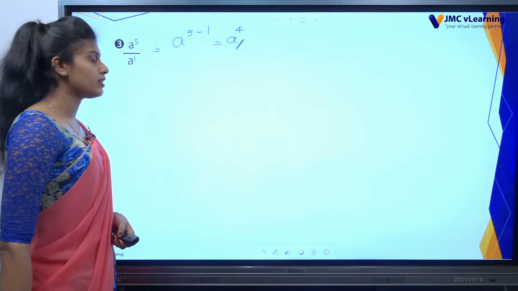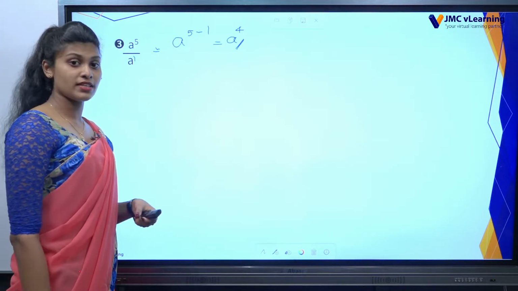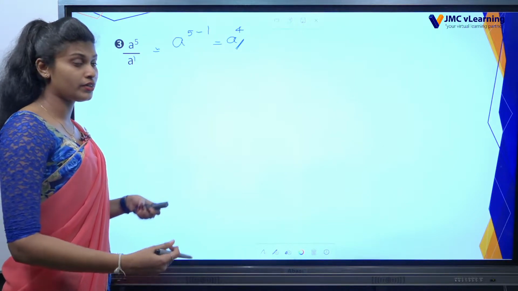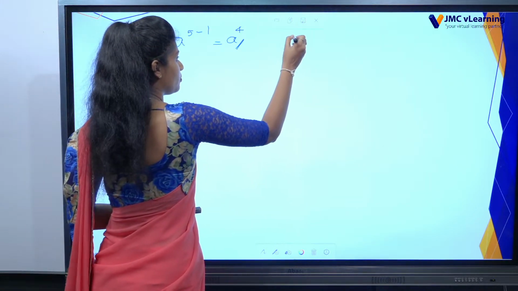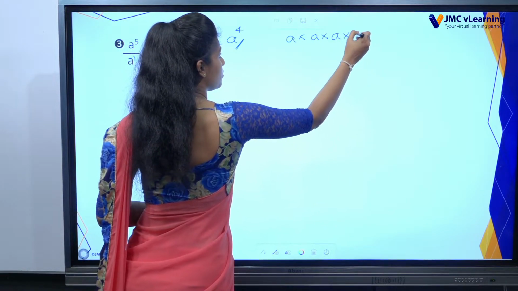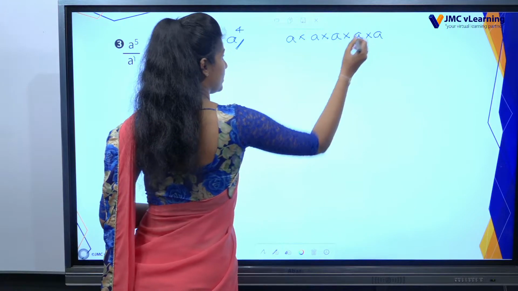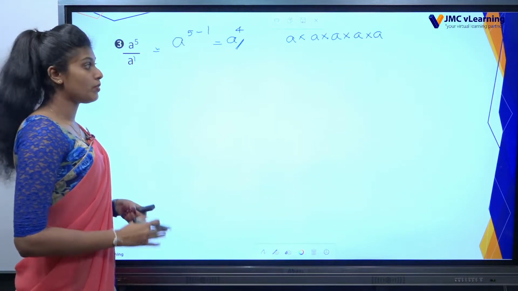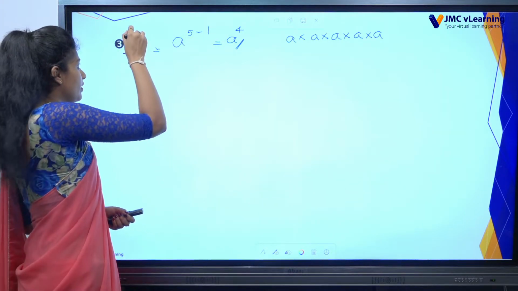Then I am telling another way. When you expand A to the power 5, how can you write that one? A to the power 5 means A into A into A into A into A. That means A you should multiply how many times? 5 times.